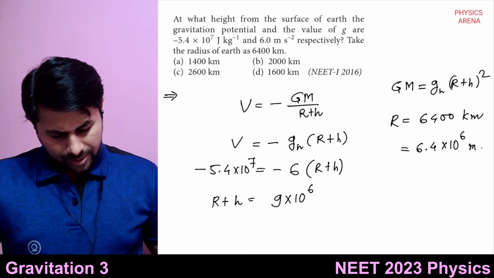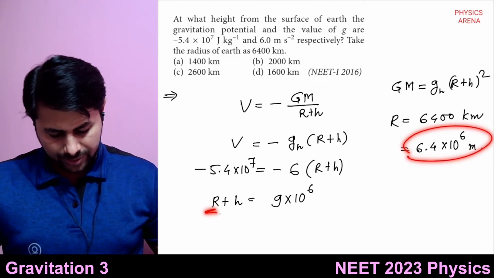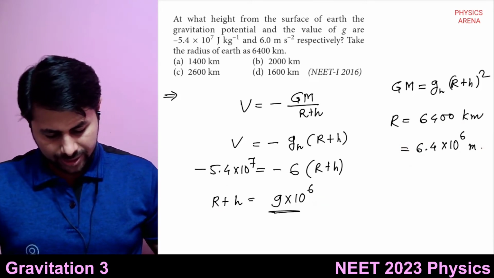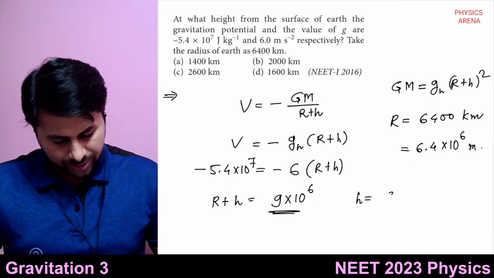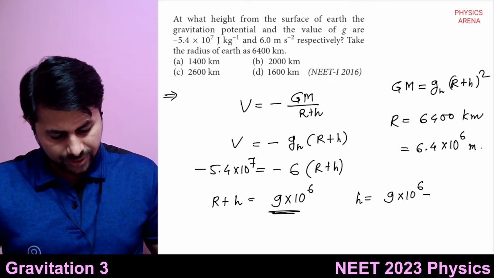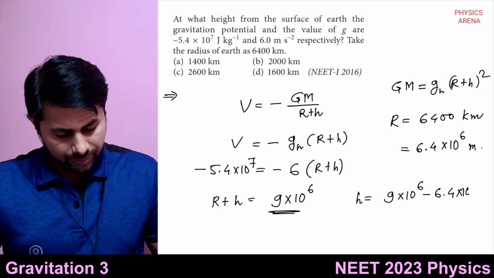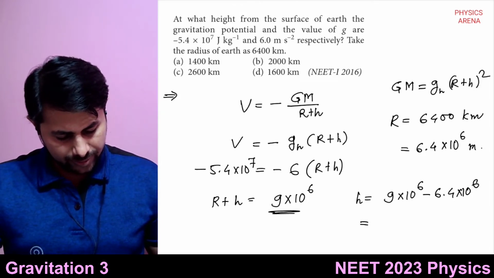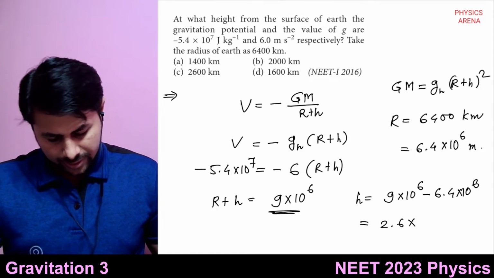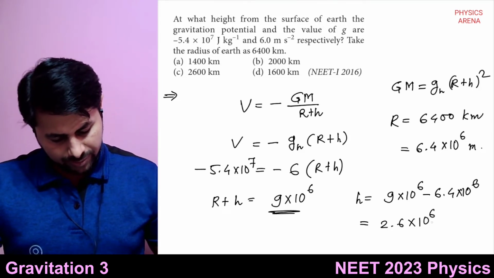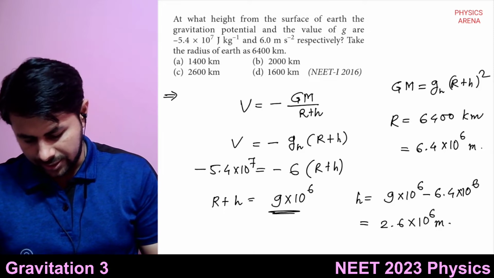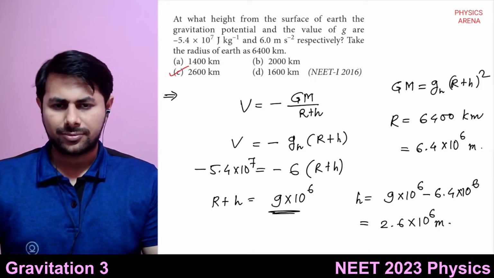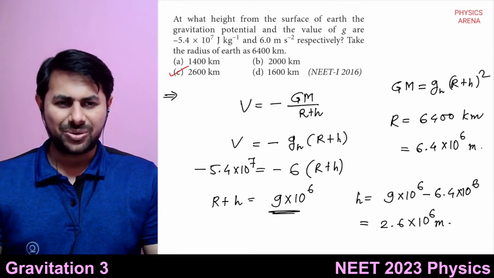Then we substitute that here and take it on the other side, so that it gets subtracted from this number. So we get h equals 9 multiplied by 10 raised to 6 minus 6.4 multiplied by 10 raised to 6. How much is that? It will be 2.6 multiplied by 10 raised to 6 meters, or we can say 2600 kilometers, right? Oh, you said option C? Good.